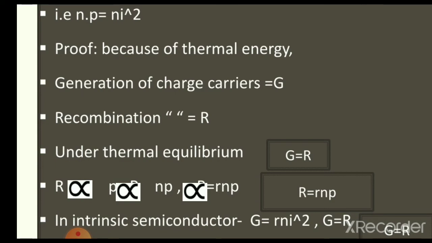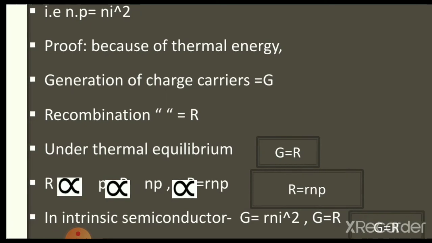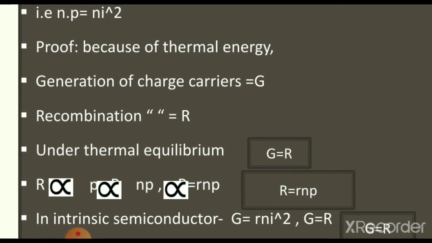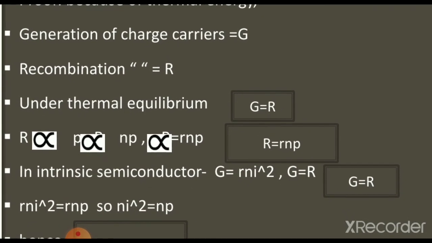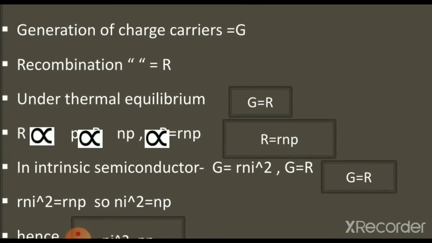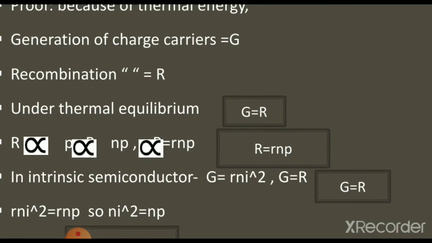So the capital R is directly proportional to the product of free electrons and holes, which is np. So capital R is directly proportional to np, and so now capital R is equal to small r np.